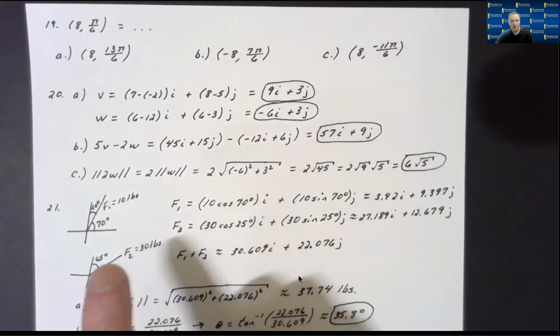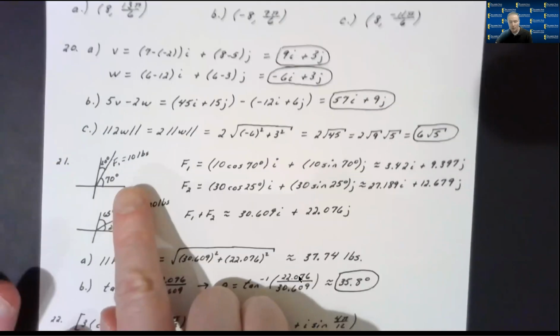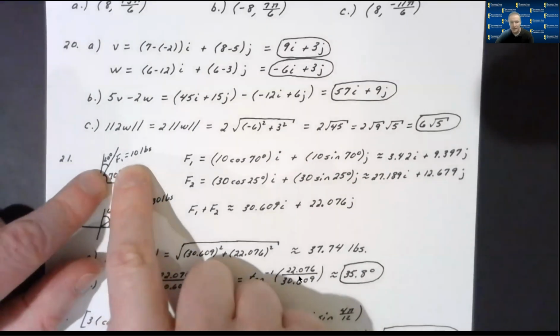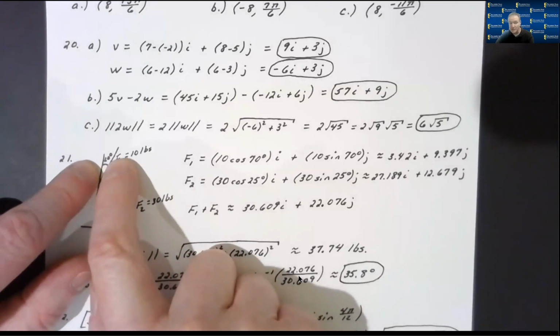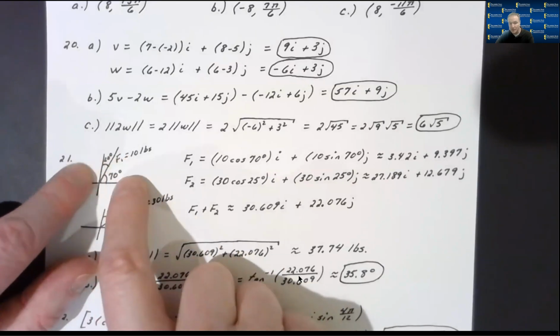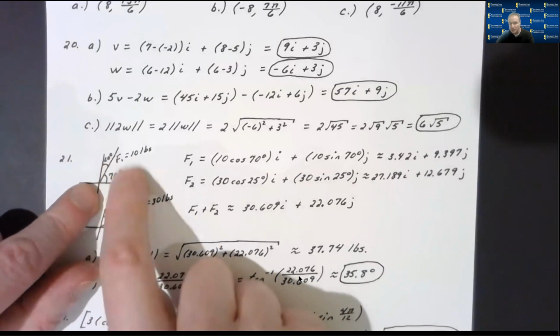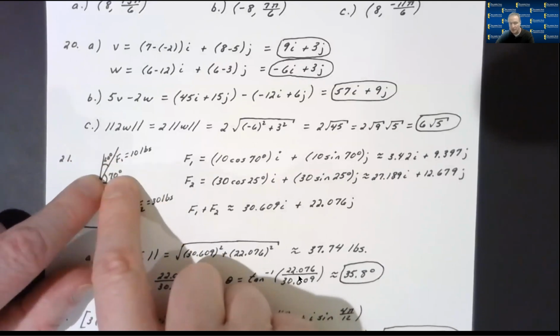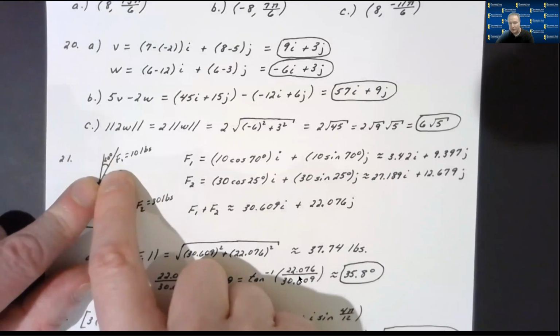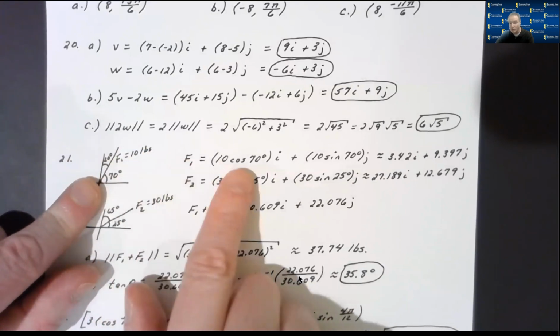Okay, so I went ahead and tried to show my work here really well. Here's my first force. It's acting at 20 degrees east of north. If it's acting at 20 degrees east of north, then the angle theta, which is always the angle from your positive x-axis, is 70 degrees here. So for force F1, what's the horizontal component?